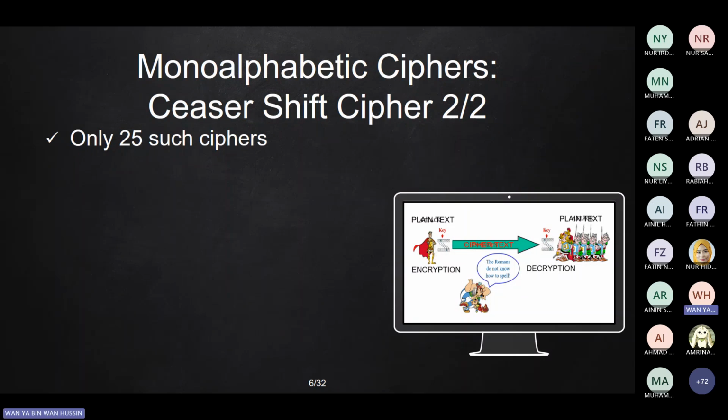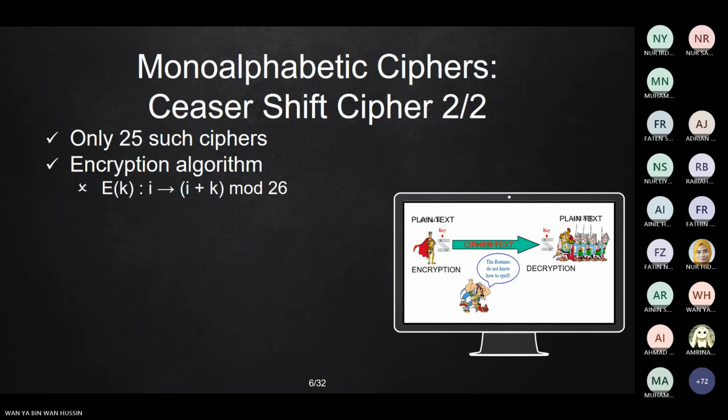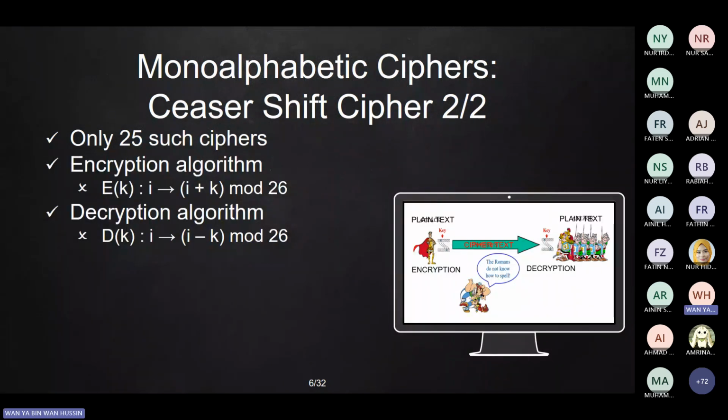So we omit key equal to 0, and we have 25 possible keys. This is the algorithm.